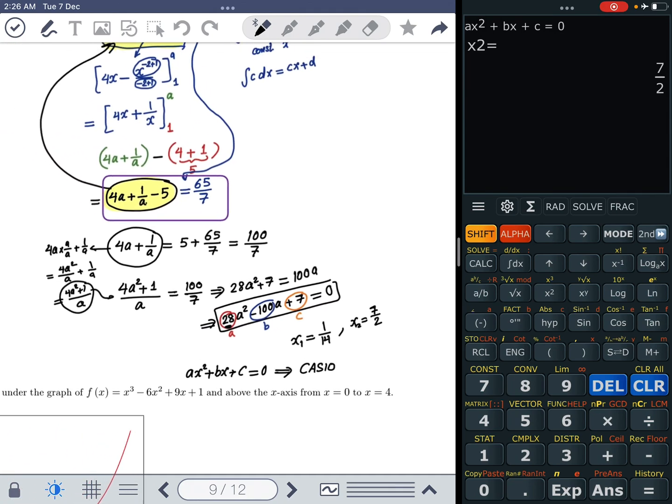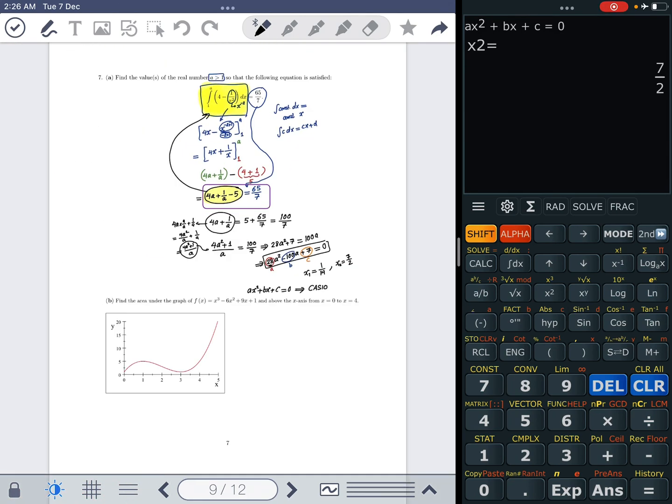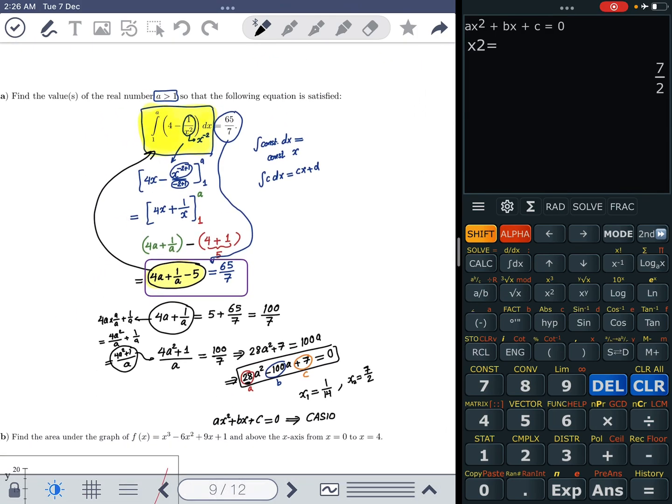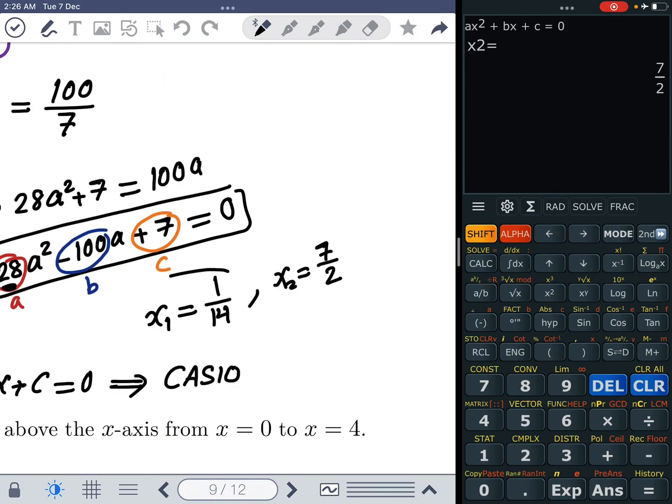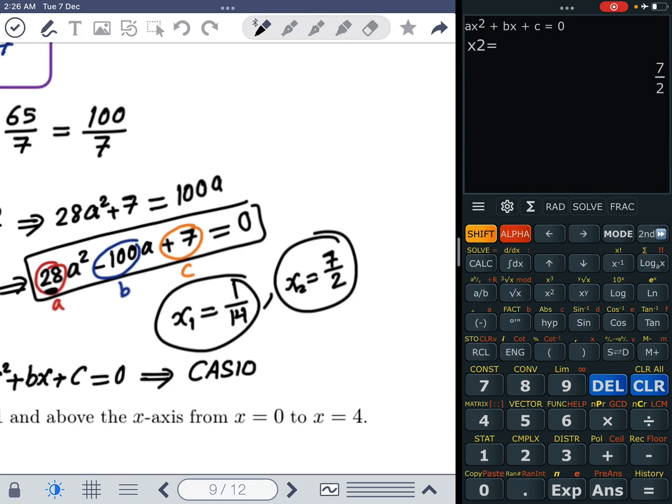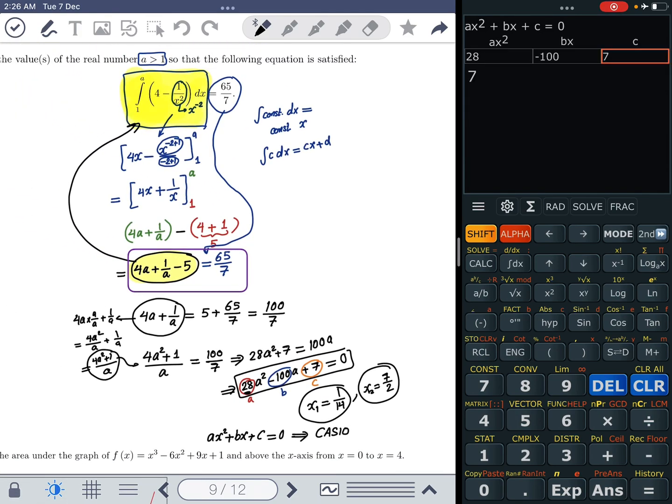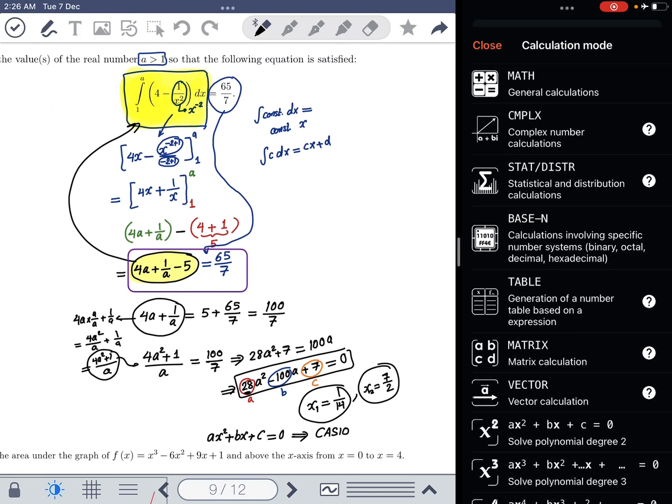Okay, so we will check which one of them is the right one. Of course, they cannot both be correct. I think 7 over 2 is clear.